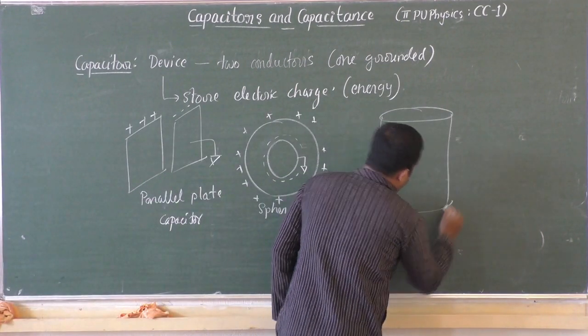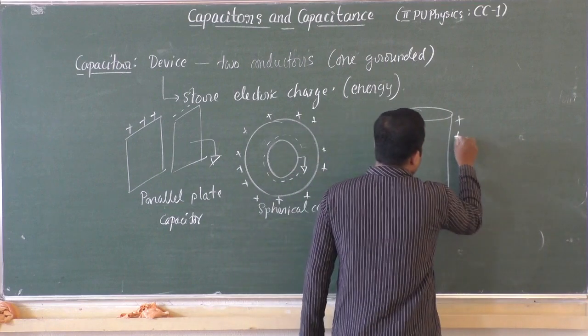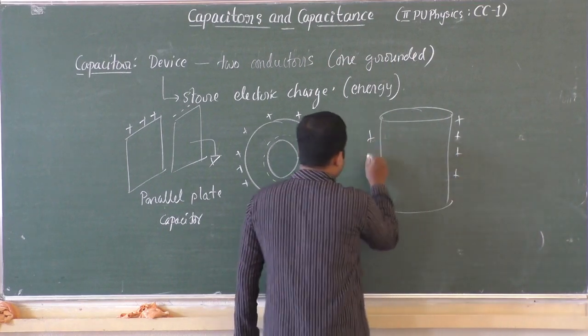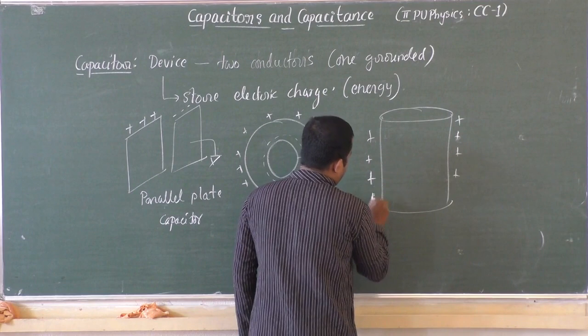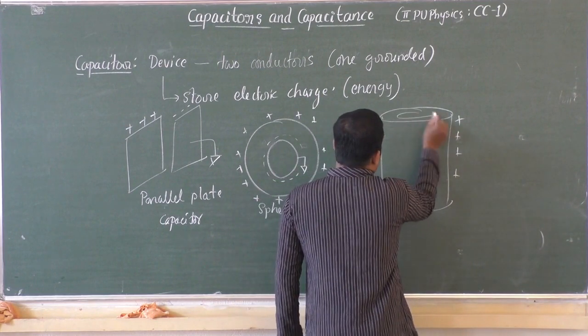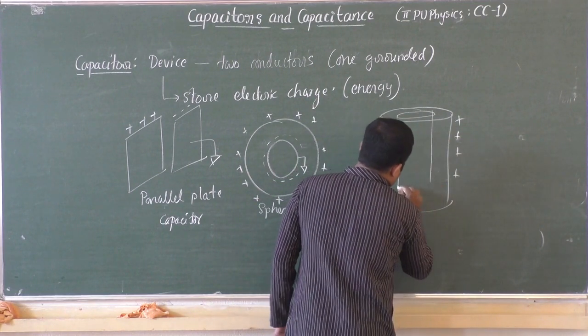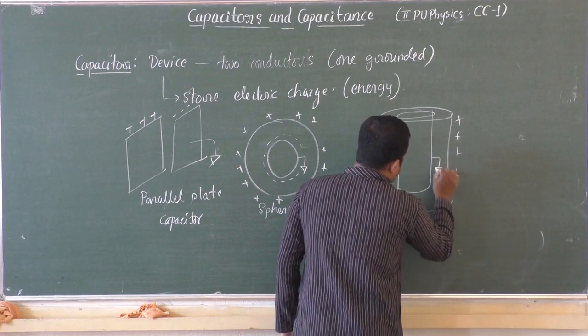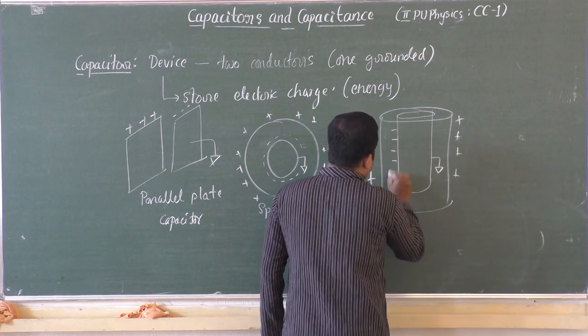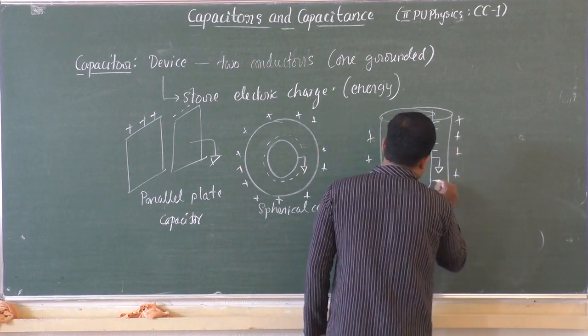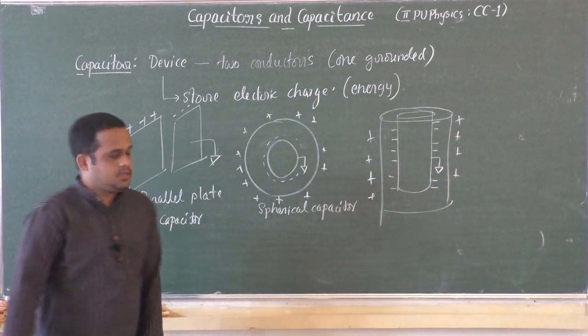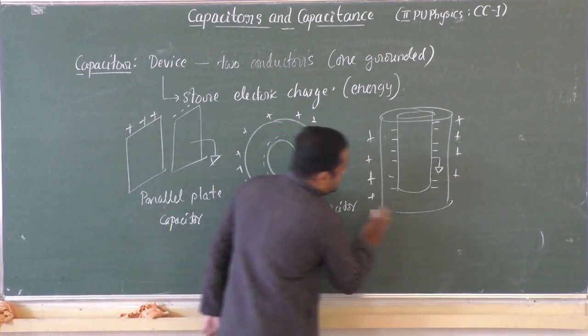A conducting cylinder, the outer cylinder, is positively charged, inside which another conducting cylinder is placed, which is grounded. This will have negative charges. So now this is a cylindrical capacitor.